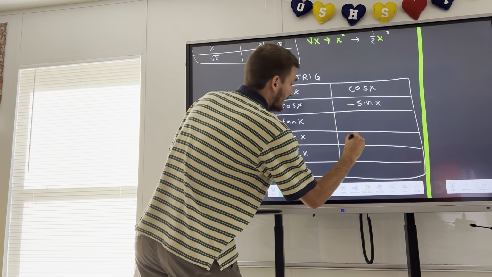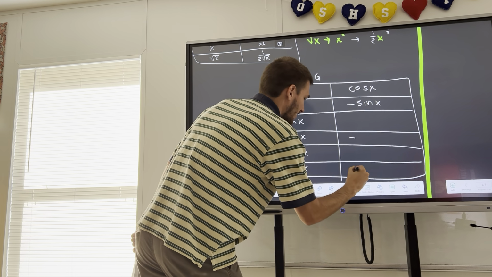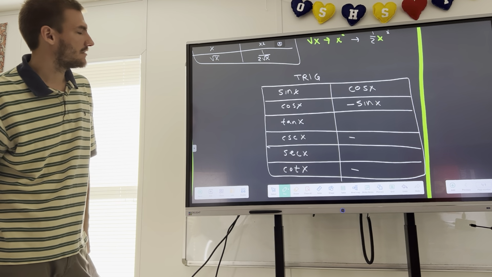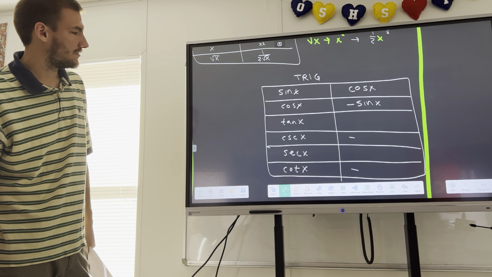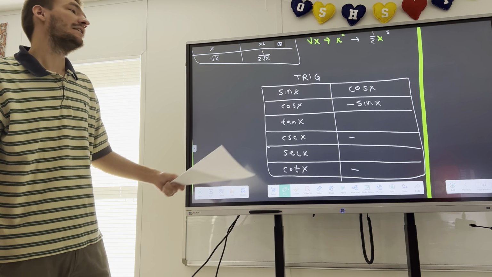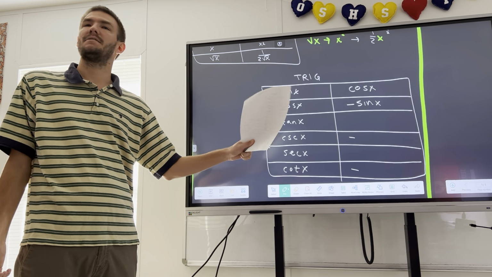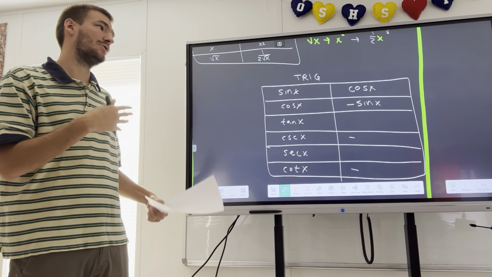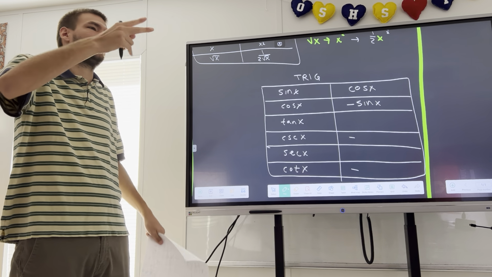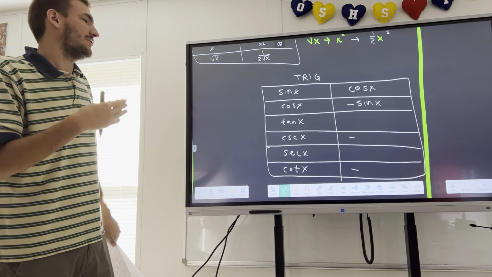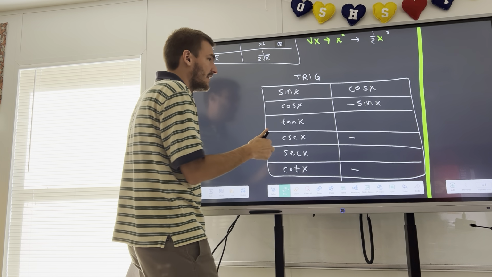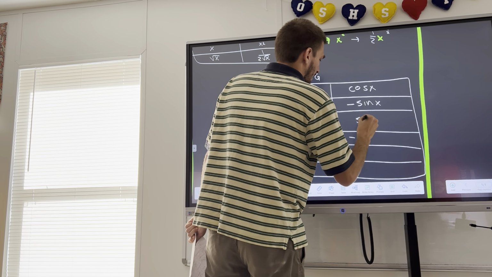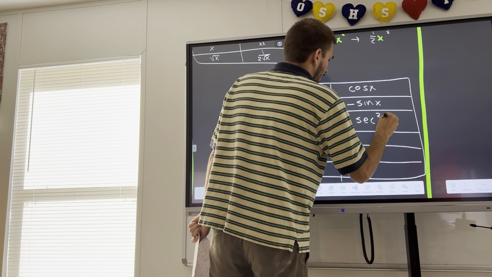The cosecant is going to have a negative and the cotangent is going to have a negative. Now, these 4 are not quite as easy as those 2 where they trade back and forth. They do have to do with each other, but it's not just a 1-for-1 trade. So, tangent is going to be secant squared x.